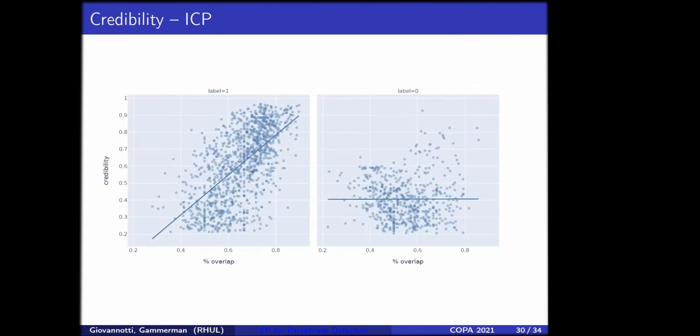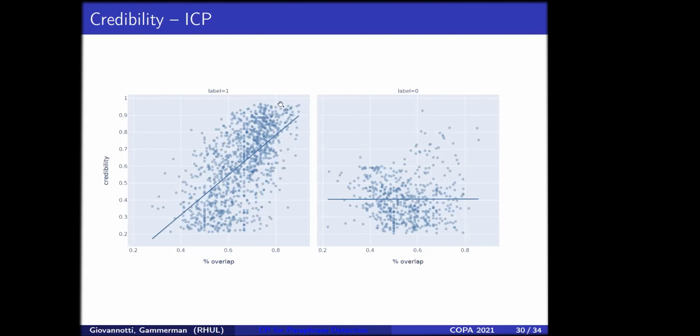So we decided to plot the credibility scores of the test examples against the percentage of overlap. And here we can see that for the positive label, the higher the overlap, the more the example is conformal to the training set.